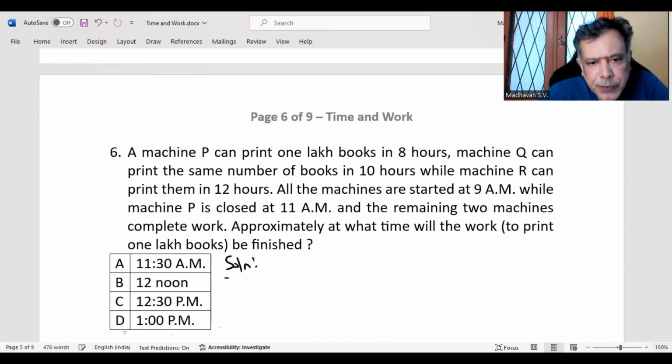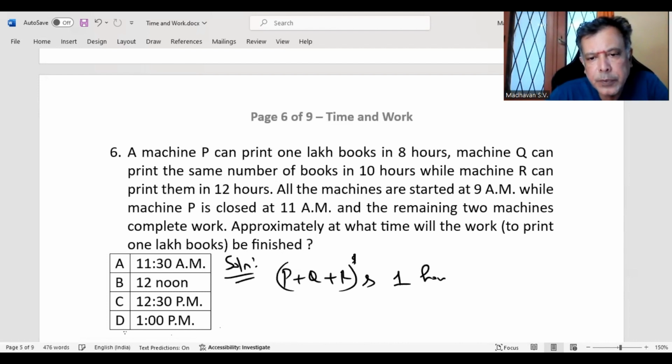So here there are 3 machines. All are capable of producing 1 lakh books, but in different timings. So we can say P plus Q plus R's 1 hour work will be, first one is 1 by 8, then 1 by 10, and then 1 by 12.